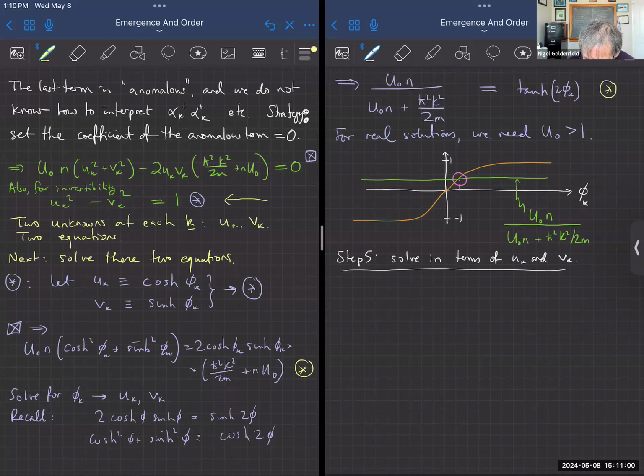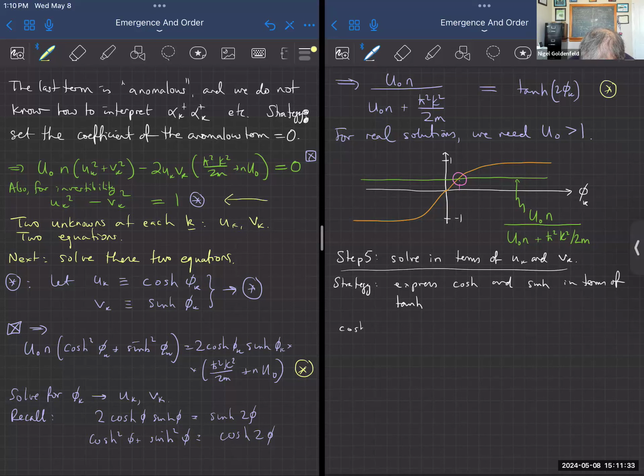That's just this ratio of U naught n and k's and things. I know that U and V are cosh and sinh. So the strategy is to express cosh and sinh in terms of tanh, because I know that tanh is equal to this thing in terms of the physical parameters. So that's easy to do.